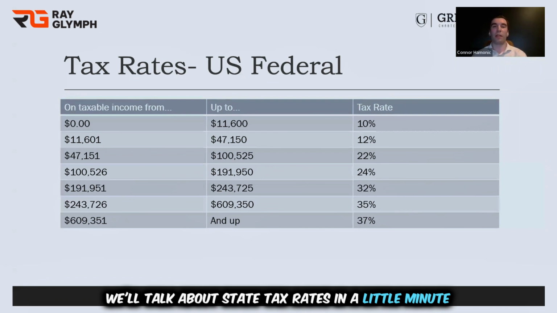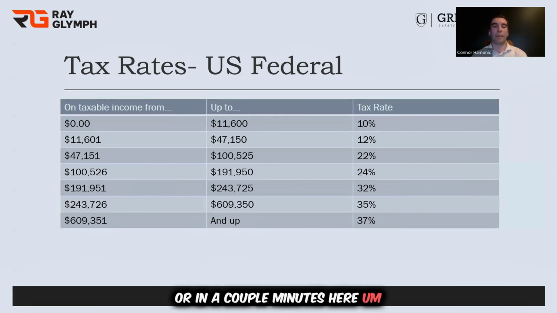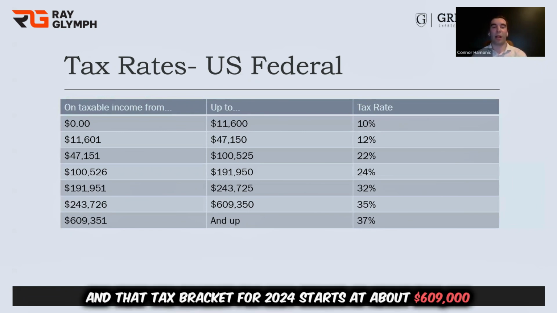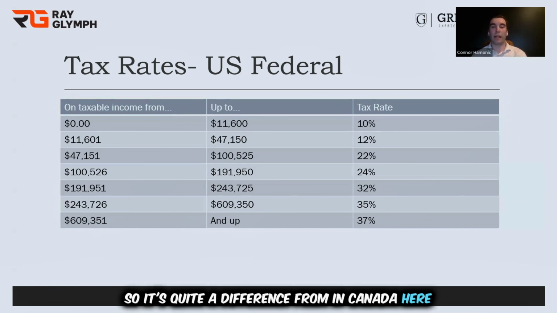We'll talk about state tax rates in a couple minutes here. I'm not going to go through every line. I'll let you take a look at this table for yourself, but just note the highest tax bracket here is at 37%, and that tax bracket for 2024 starts at about $609,000. So it's quite a difference from Canada.